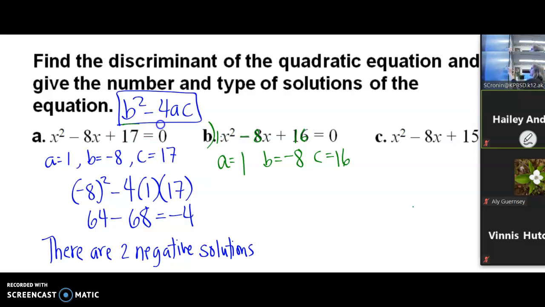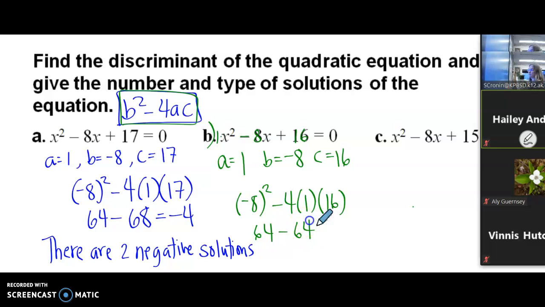So we're going to plug that in. We have negative 8 squared, minus 4 times a is 1, and c is 16. So negative 8 squared is 64, and 16 times 4 is also 64. So 64 minus 64 is 0.